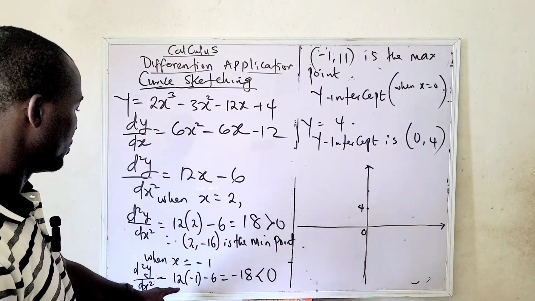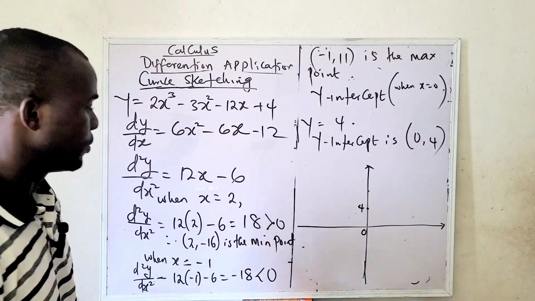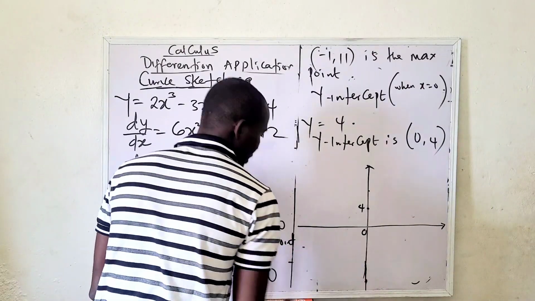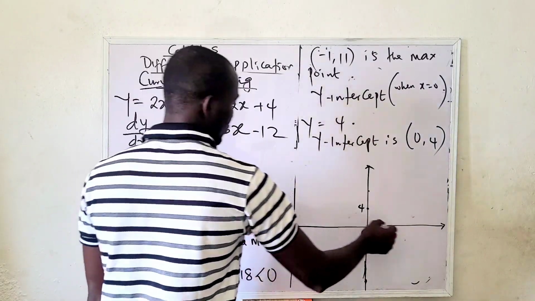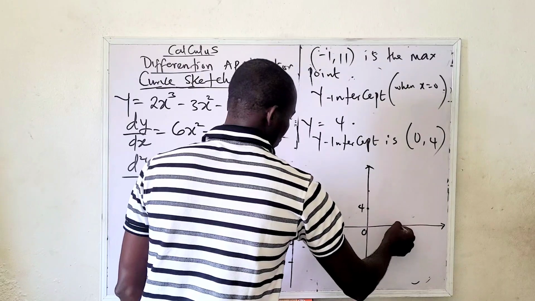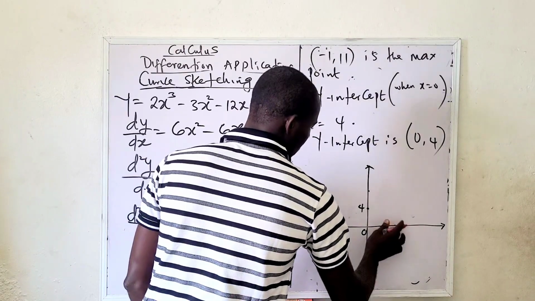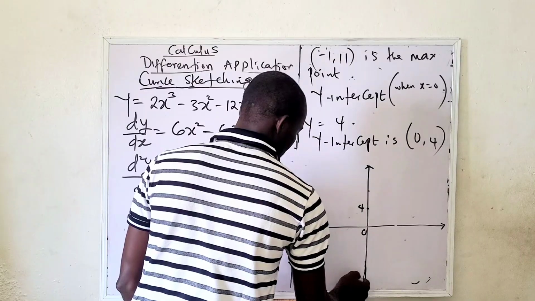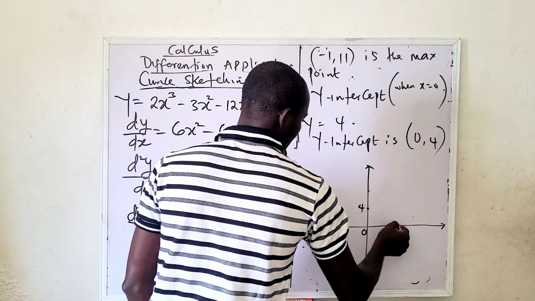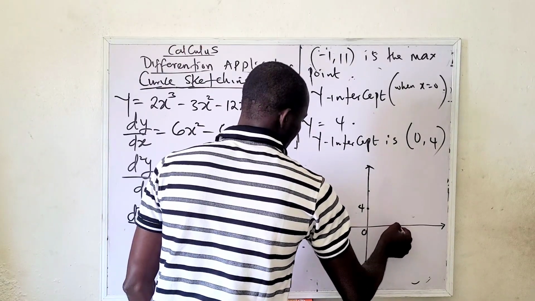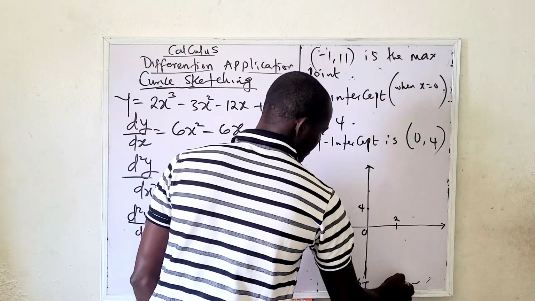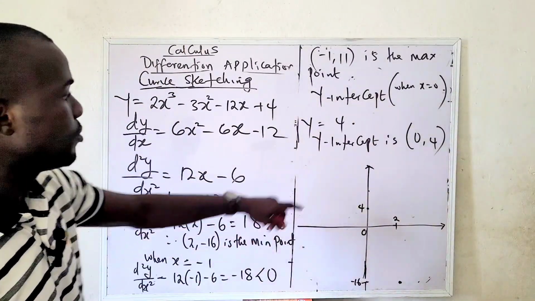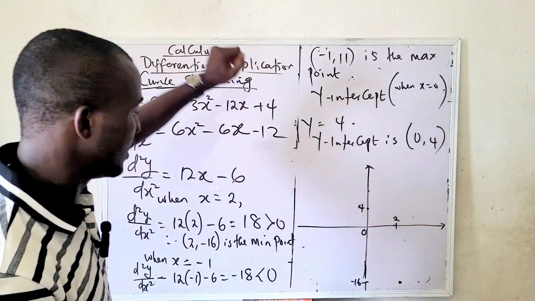The minimum point was 2 comma minus 16. Let's say this is negative 16 right here, and this is 2 right here, and so you are having it somewhere here.